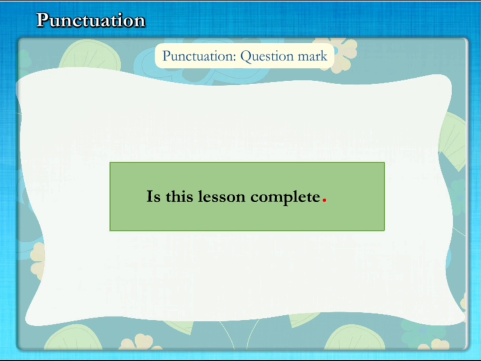Is this correct? No, it isn't. This is a sentence, but this sentence asks a question, so it should end with a question mark and not with a full stop. We write, is this lesson complete? Now the sentence makes sense.